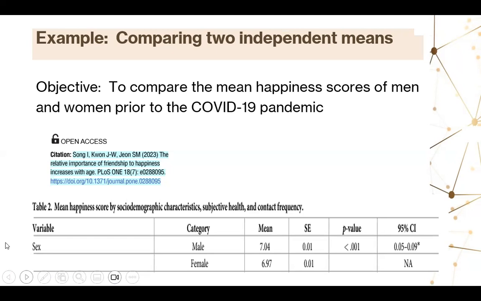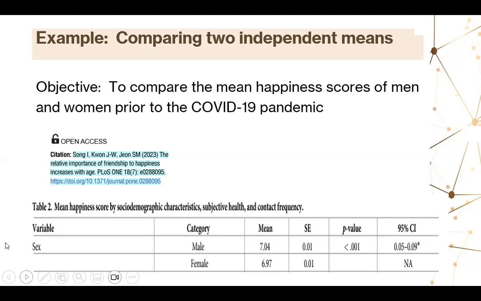And the mean score for males is 7.04 with a standard error of 0.01, and females had a mean score of 6.97 with a standard error of 0.01. In the previous formula, we saw that we need the standard deviation.